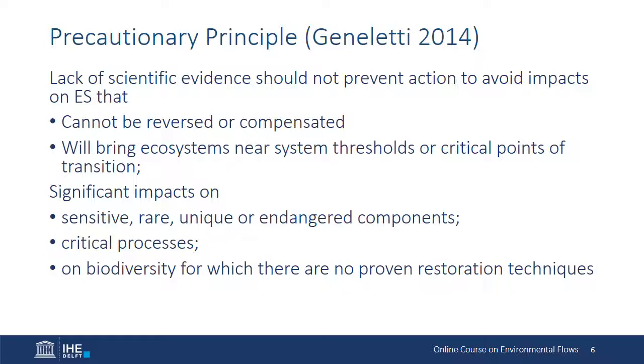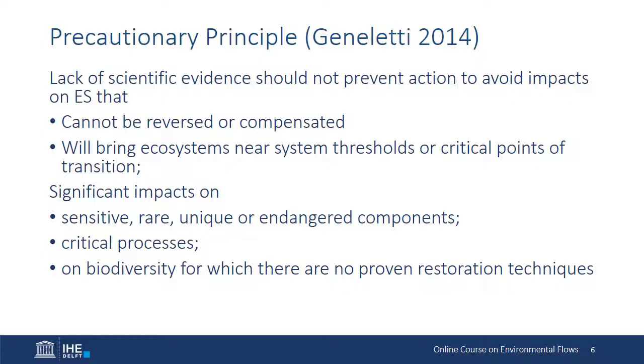The precautionary principle is very important when assessing ecosystem services. It means that the lack of evidence should not prevent action to avoid impacts on ecosystem services, especially if they cannot be reversed or compensated, or if those impacts will bring ecosystems near situations where they could decline or could affect their resiliency.